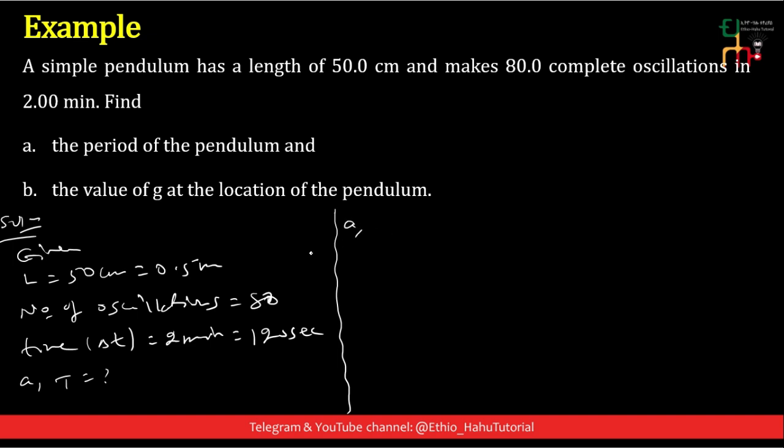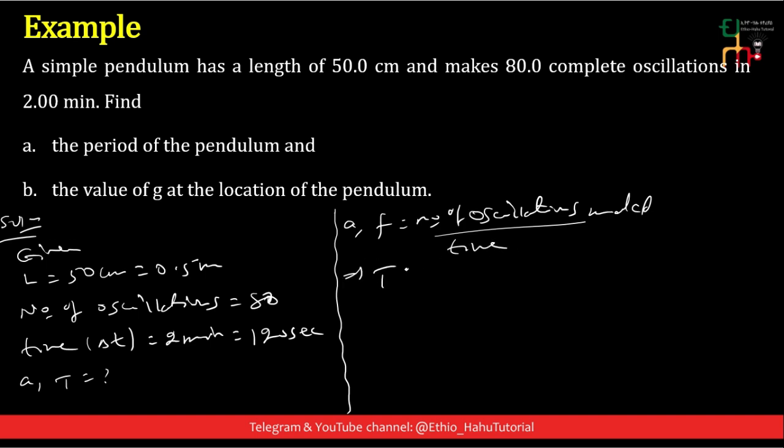A, to find the period, first let's find the frequency. Frequency is simply the number of oscillations made divided by the time needed, and the period is the time needed to complete this number of oscillations.